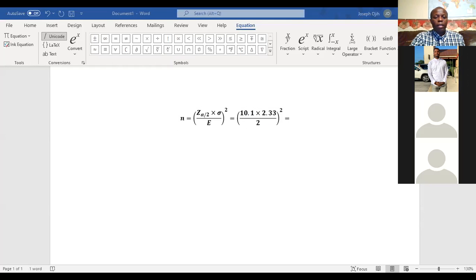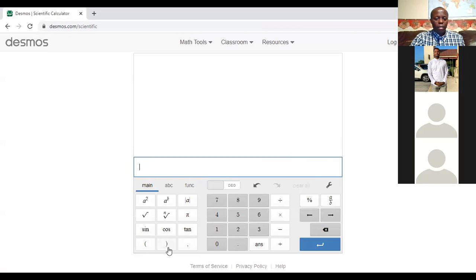So I have it here in the calculator. Let me clear this. So you have 10.1, divided by 2.